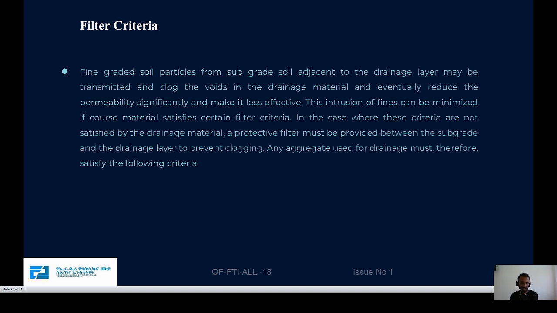The filter criteria are also very important. Fine-grained soil particles from subgrade soils adjacent to the drainage layers may be transmitted and clog the voids in the drainage material. This will finally reduce permeability, so the holes close, and subsurface drainage becomes a problem.